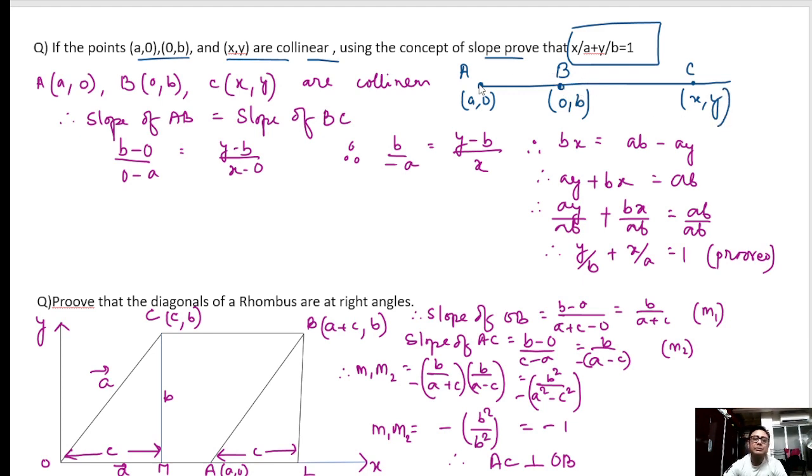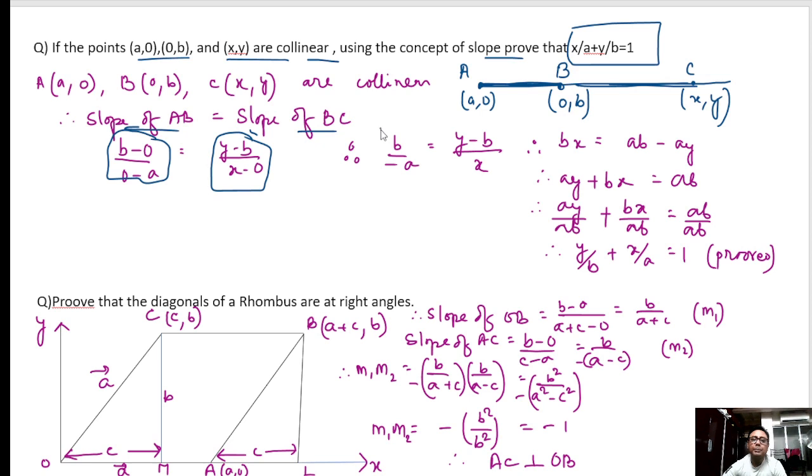Collinear means they are on the same straight line. So that means the slope of AB, which is (y2 minus y1) by (x2 minus x1), and the slope of BC should be the same because they lie on the same straight line.